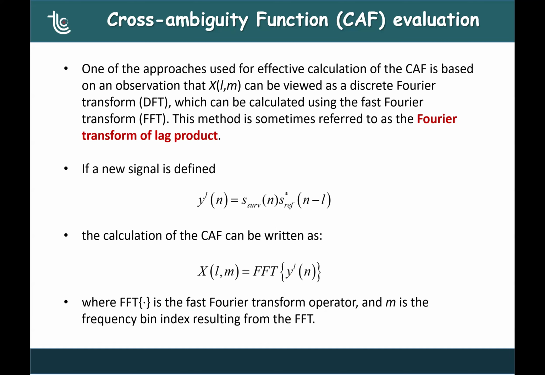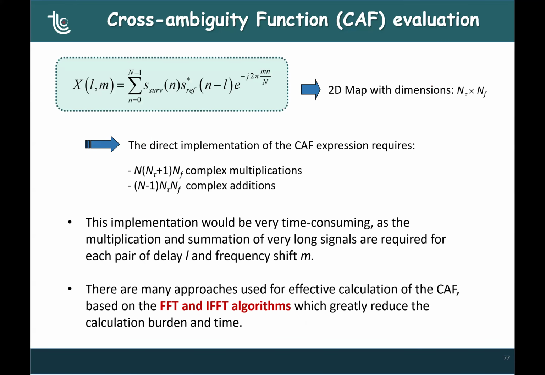So let me explain. If we define this new signal y_L[n] as the product between the surveillance signal at n and the conjugate of the reference signal at n minus L, this is what appears here in the equation of the cross-ambiguity function.